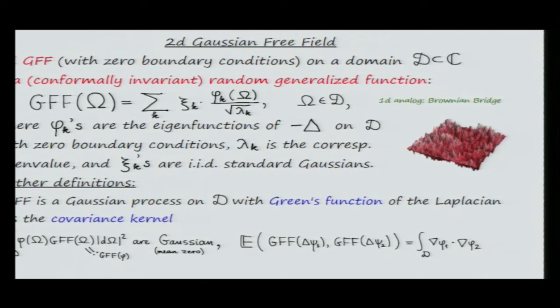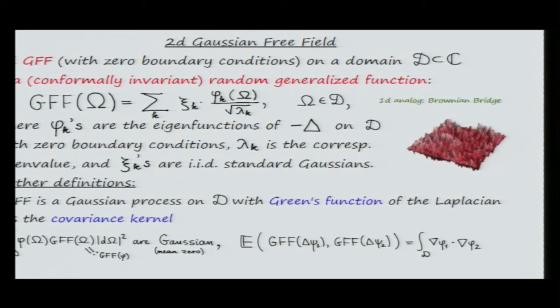So the two-dimensional Gaussian free field, that's what I will need, is a random generalized function. The easiest way to define it is to take the random series. Here, these are the eigenfunctions of the Laplacian on a domain with certain boundary conditions. I will only consider 0 boundary conditions. These are the square roots of the eigenvalues.